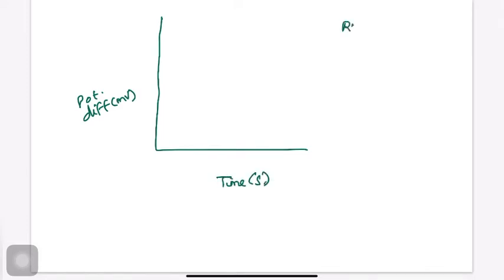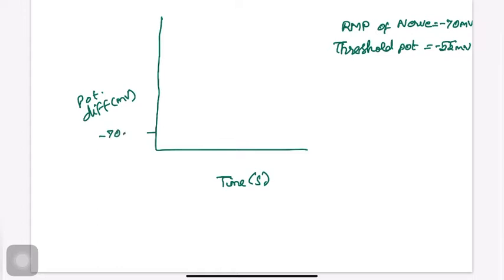As we already know, the resting membrane potential of a nerve is minus 70 millivolt, and the threshold potential of a nerve is minus 55 millivolt. Any potential change between these two, between the resting membrane potential and threshold potential, is called tonic potential.